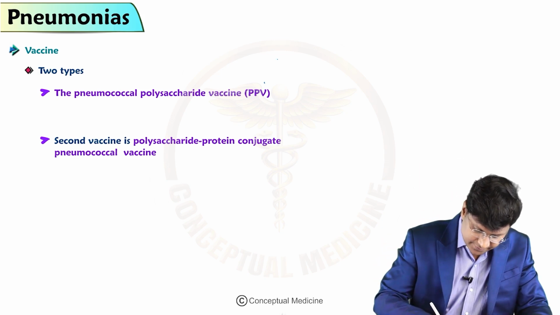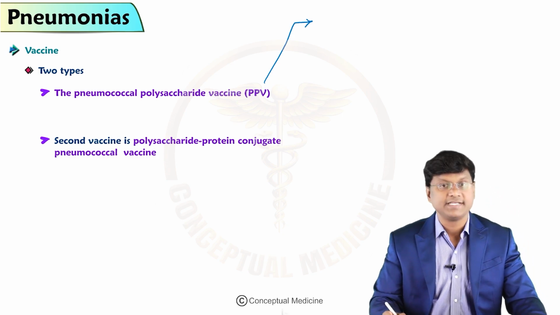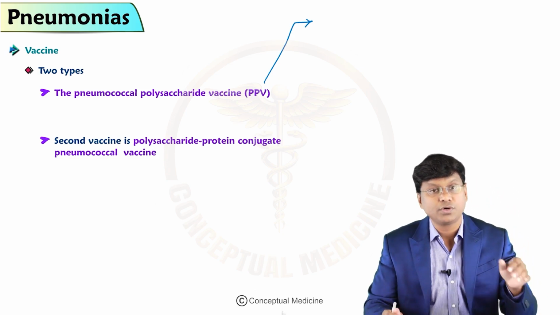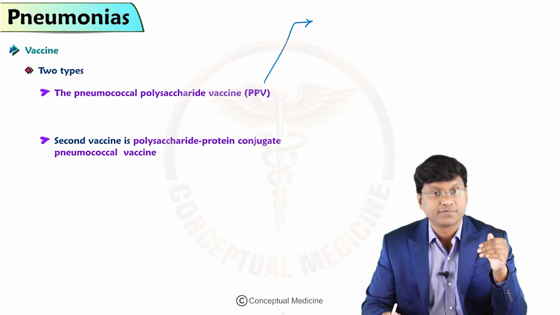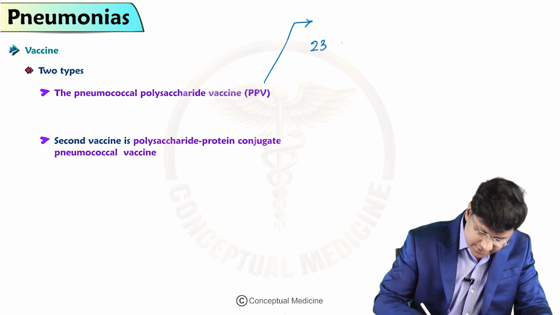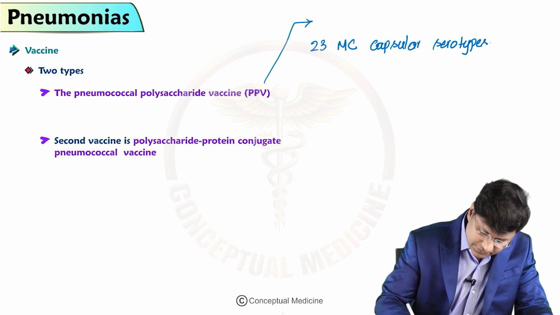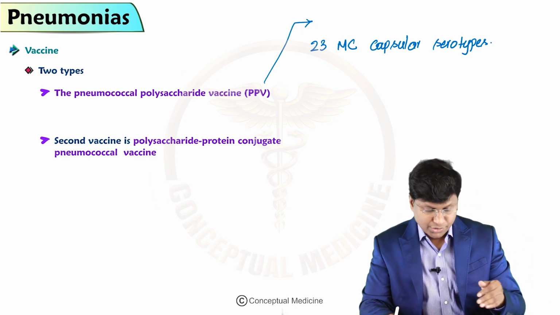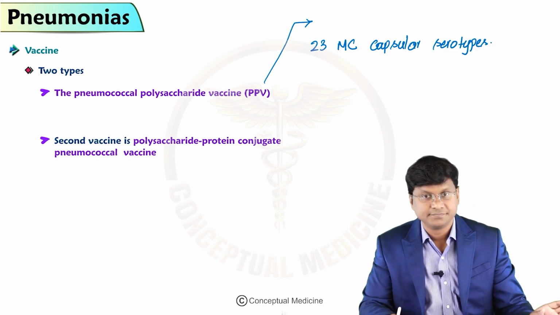So the pneumococcal polysaccharide vaccine consists of 23 most common capsular serotypes, right? Okay, that is your pneumococcal polysaccharide vaccine.